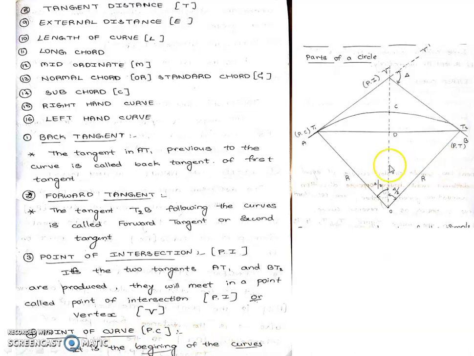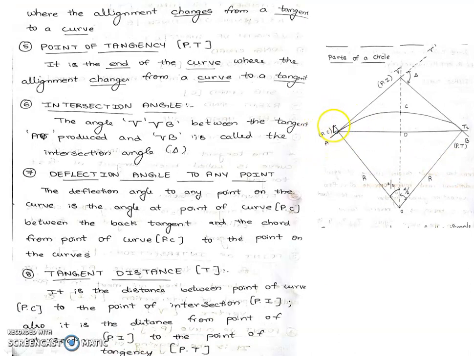And next is point of curve. Point of curve is the beginning of the curve, where the alignment changes from tangent to curve. Here this is going as an alignment, that is a tangent. Here this alignment changes from tangent to curve. That's why this is the point of curve.